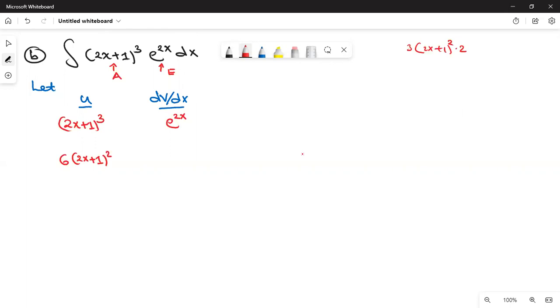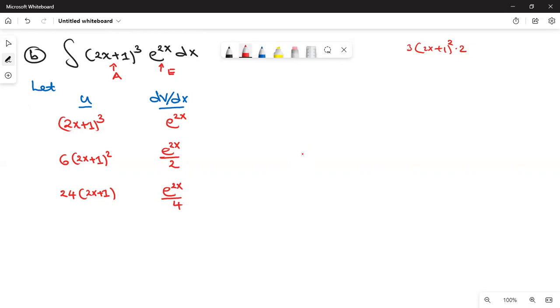What about the integral of exponential 2x? That will give us exponential 2x over 2. Again, differentiate 6 times 2x plus 1 squared. That will give us 24 times 2x plus 1. Integrate exponential 2x over 2. That will give us exponential 2x over 4.